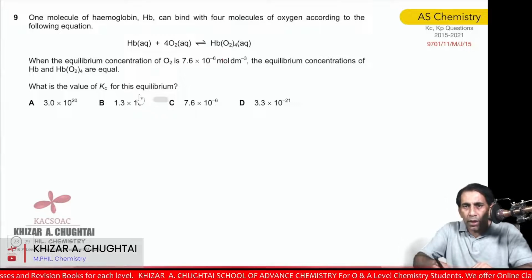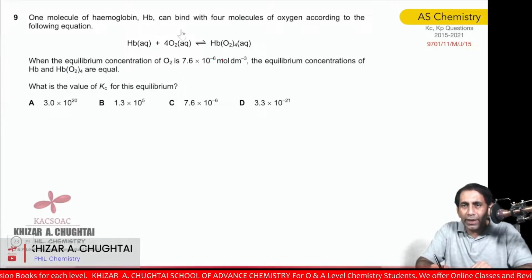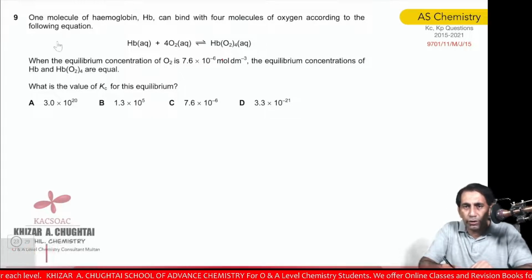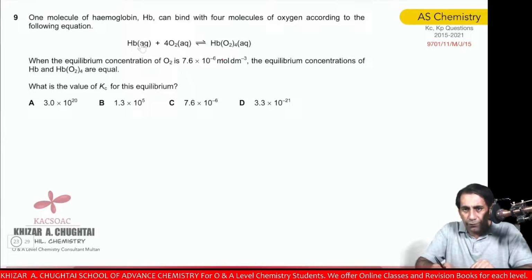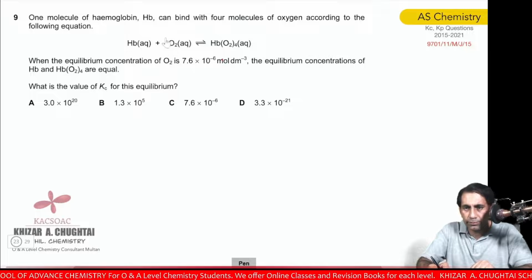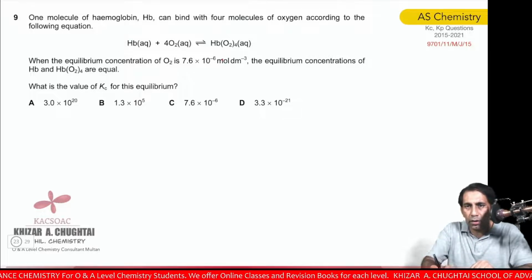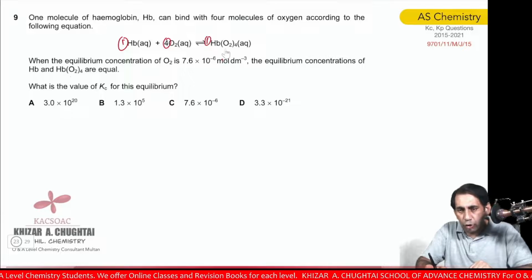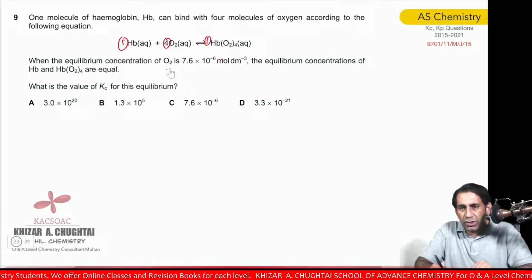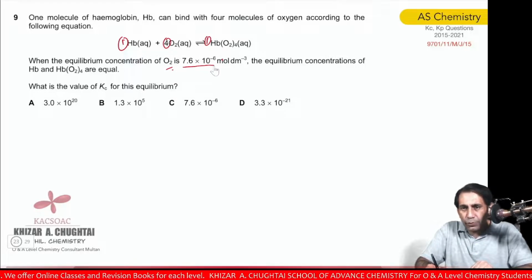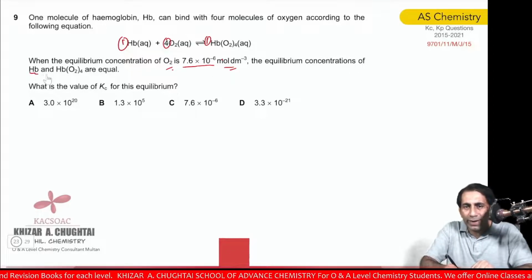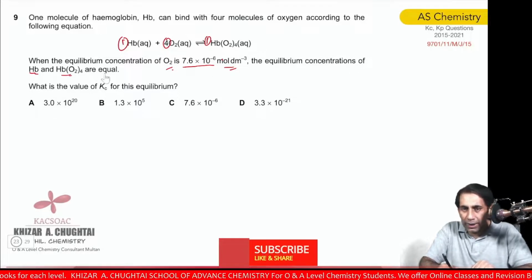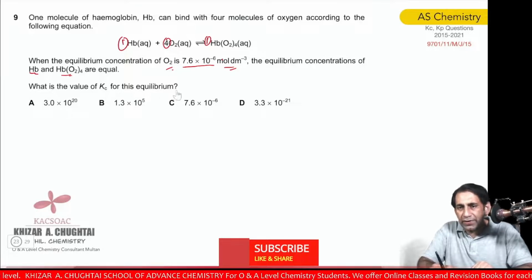Next question. 1 molecule of hemoglobin Hb can bind with 4 molecules of oxygen according to the following equation. 1 mole of Hb is going to react with 4 mole of oxygen to give 1 mole of oxyhemoglobin. When the equilibrium concentration of oxygen is 7.6 into 10 to the power minus 6 mole per dm cube, the equilibrium concentrations of hemoglobin and oxyhemoglobin are equal. What is the value of Kc for this equilibrium?